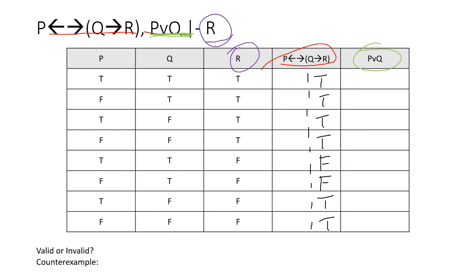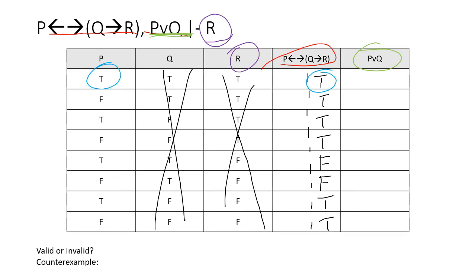So those are the values for the arrow. Erase those, bring the P double arrow back in. And so now the double arrow is true wherever both of them match. So wherever P and the Q arrow R are matched, they're both true there. They're both true here. They are both false here.